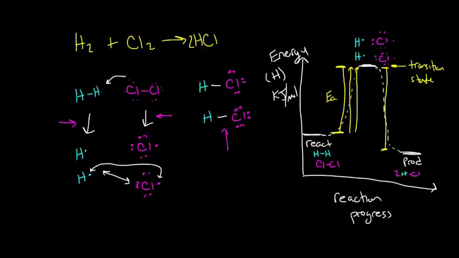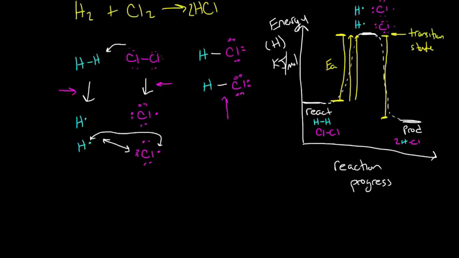And just to demonstrate how much energy we're talking about here, let's estimate these energies by figuring out bond enthalpies. If you look at a table of bond enthalpies, which you'll find in any general chemistry textbook, we can look up the bond enthalpy of an H-H bond is 435 kilojoules per mole.